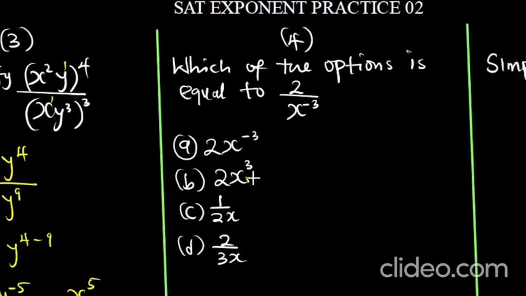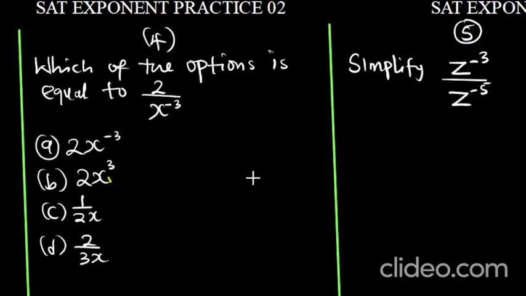So number 4. Okay, this can be written as 2 divided by x to the power of negative 3, which is the same thing as 2 divided by 1 over x to the power of 3, sorry, not negative 3.